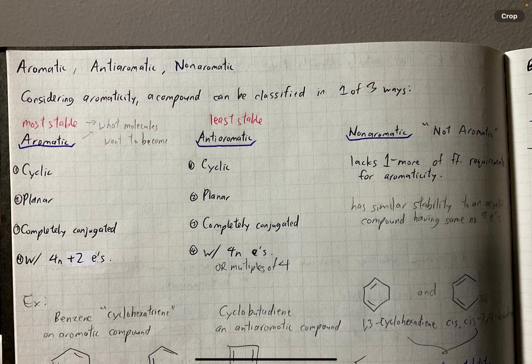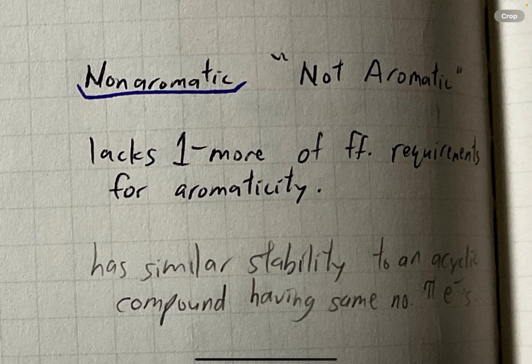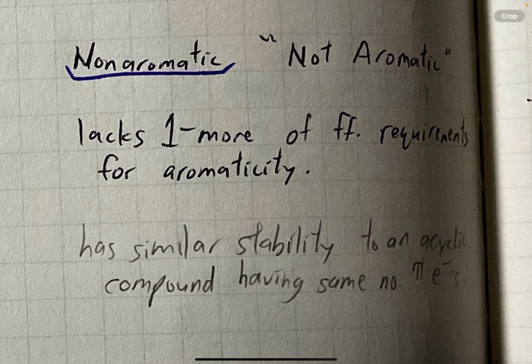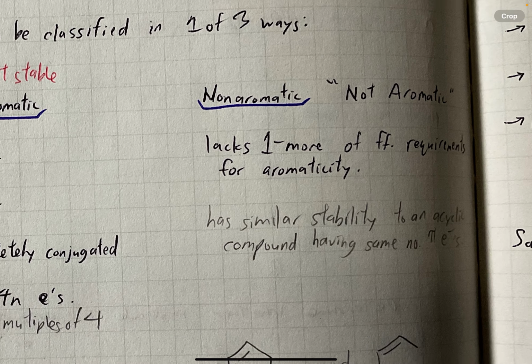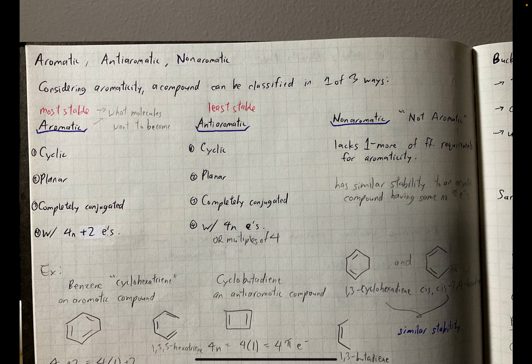Considering aromaticity, a compound can be classified in one of three ways. The third one is non-aromatic, not aromatic, literally. It lacks one or more of the following requirements for aromaticity, and it has similar stability to an acyclic compound having the same number of pi electrons. Pi electrons as in the double bonds, no, within the ring.